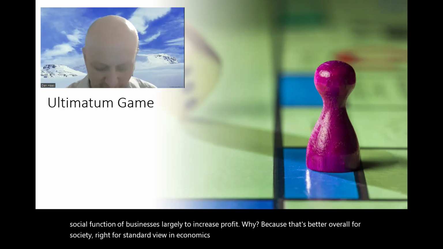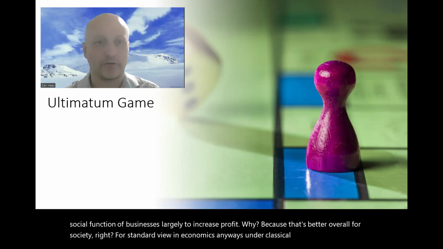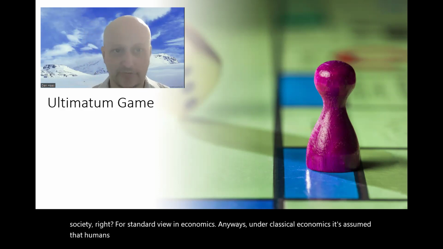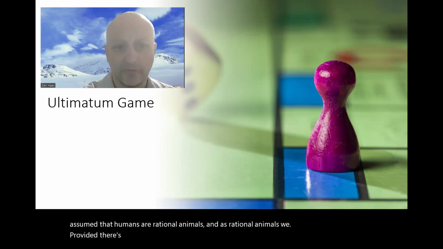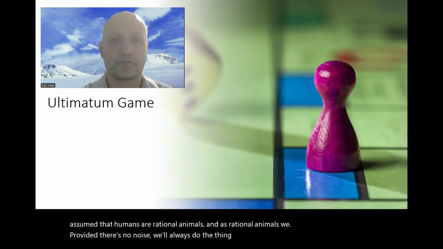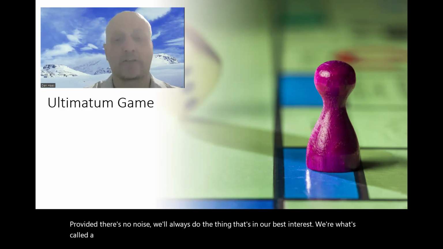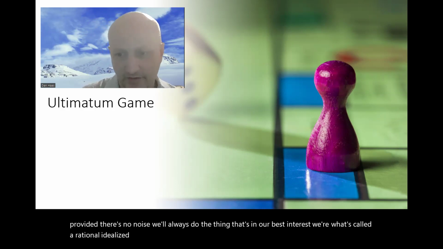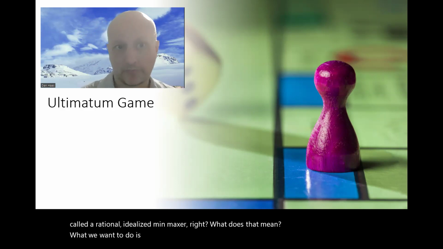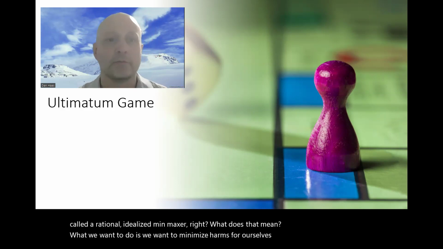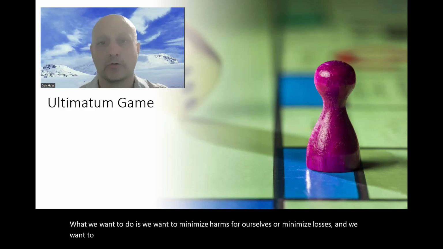Anyways, under classical economics, it's assumed that humans are rational animals, and as rational animals, provided there's no noise, we will always do the thing that's in our best interest. We're what's called a rational, idealized min-maxer, right? What does that mean? We want to minimize harms or losses for ourselves, and we want to maximize profit or pleasure or successes.